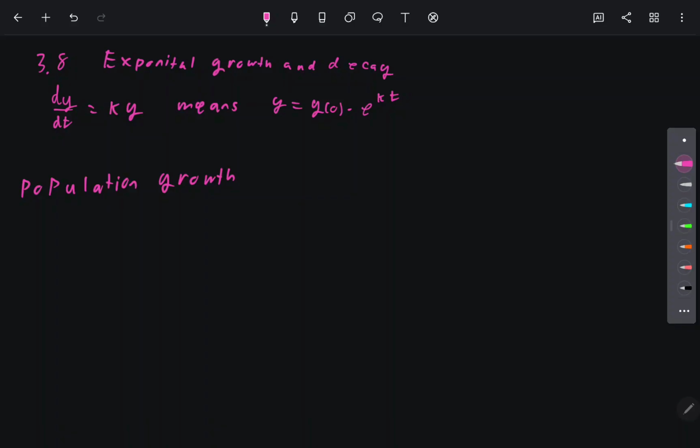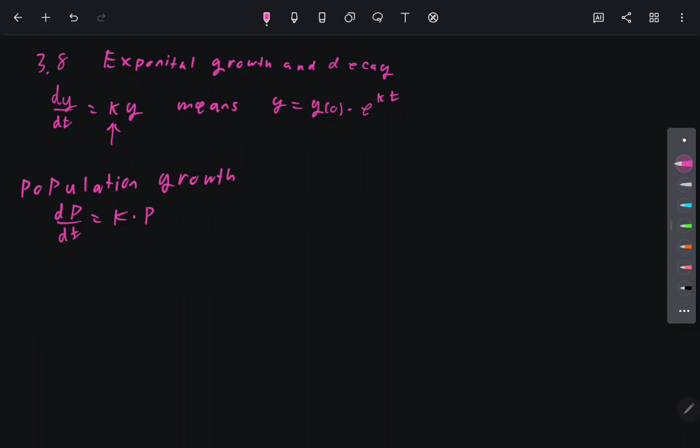Why does the k matter? Well, this k, and we're going to just write this out, we know that our derivative of population, and this can go for anything here, with respect to time, is k times the population.